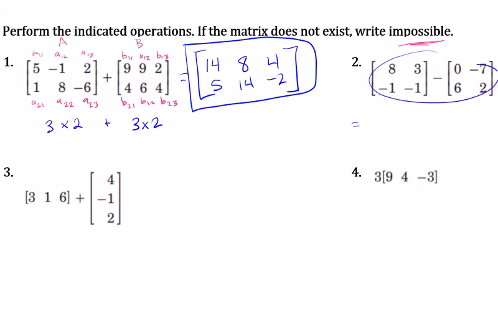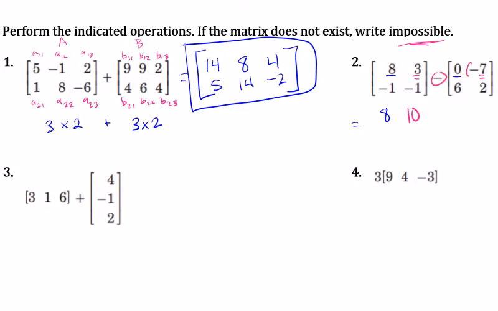So for number 2 here, when we subtract, we're going to do the same thing. We're going to do A11 minus B11. So 8 minus 0 is 8, right? Then we're going to do A12 minus B12. So it'll be 3 minus negative 7. So that's going to be 3 plus 7, which is 10, right?